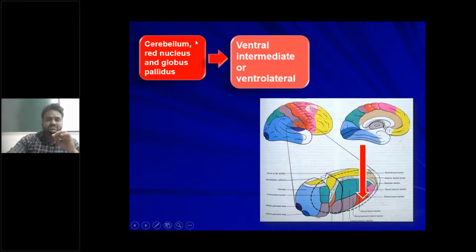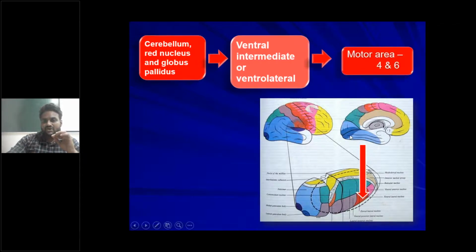The most important fibers are cerebellodentate fibers. These are very important fibers which are coming from the dentate nucleus of the cerebellum. These are the input fibers, and it gives rise to output fibers to the motor area, pre-central gyrus. You know that gyrus, the primary motor area, is called pre-central gyrus, area number 4 and 6.